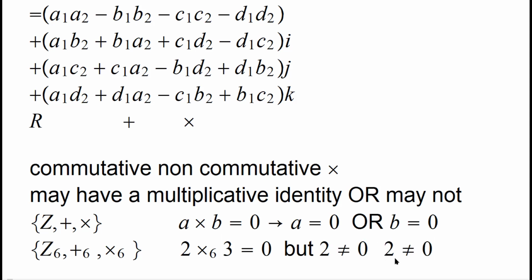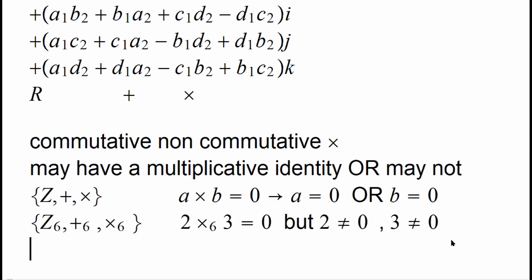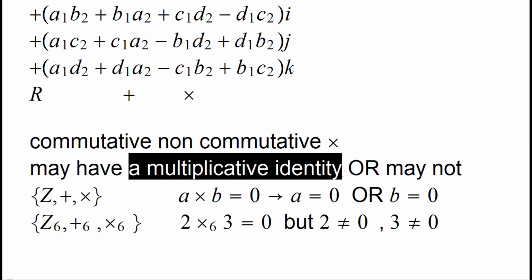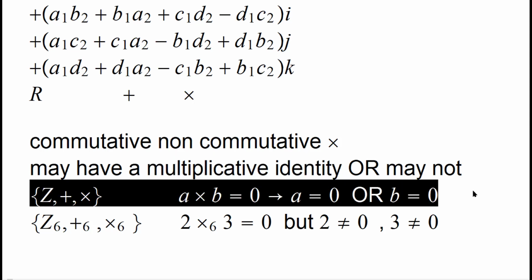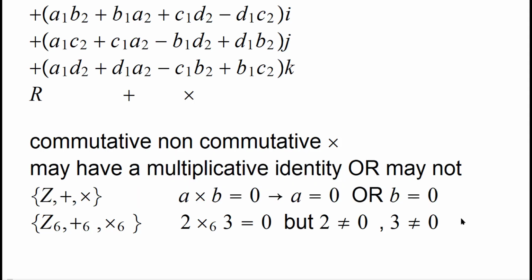So what we are going to do now is that we shall start refining our structures and build up newer structures, okay? So now let us look at the rings that are commutative, that do have a multiplicative identity, and that do not have any 0 divisors.